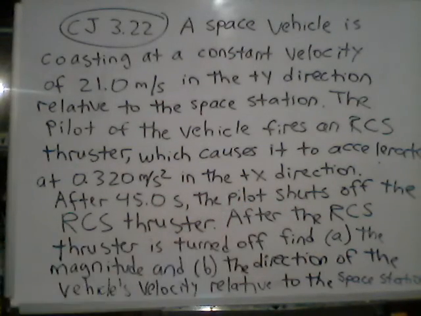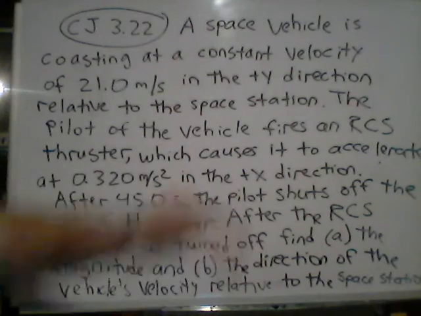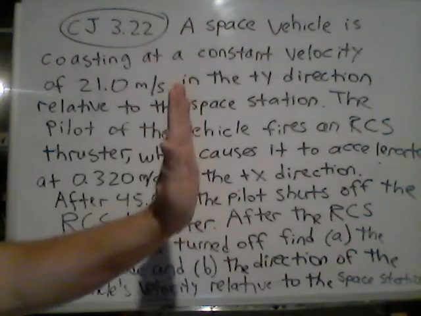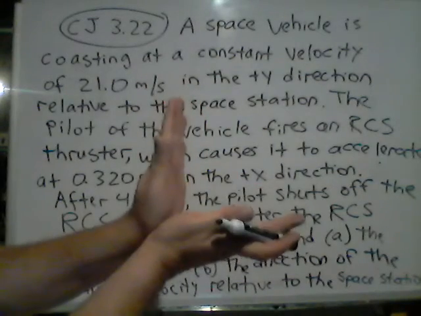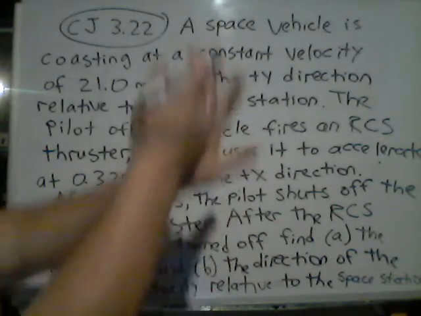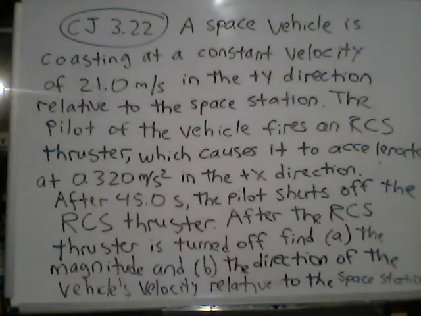Then you'll combine the two to get the final velocity. That's what's going on in this problem. We want to express this as a velocity relative to the y direction.